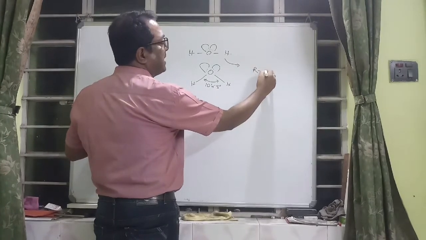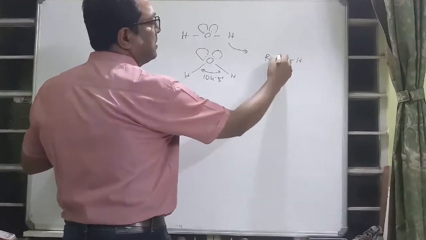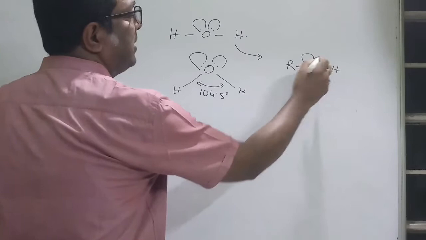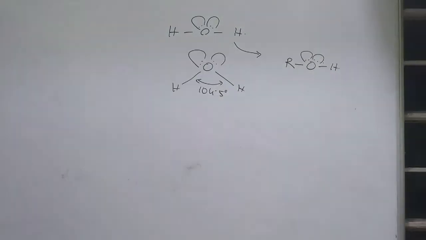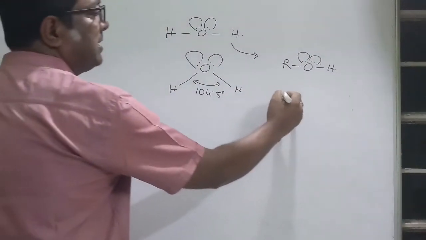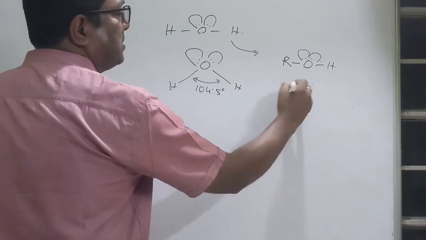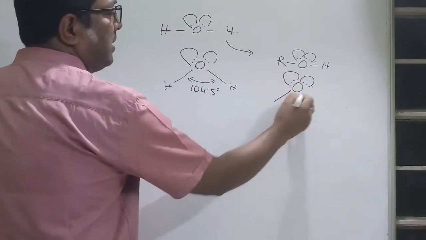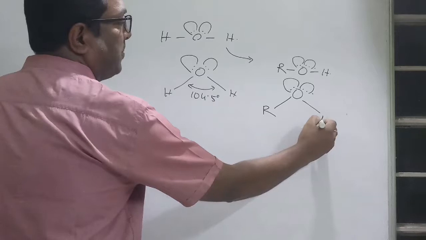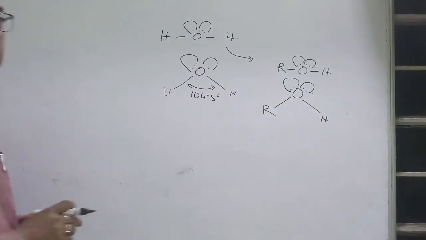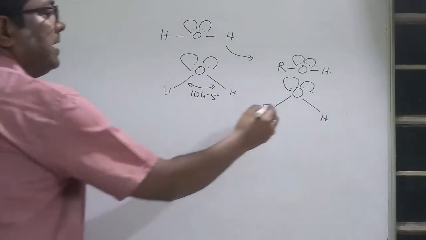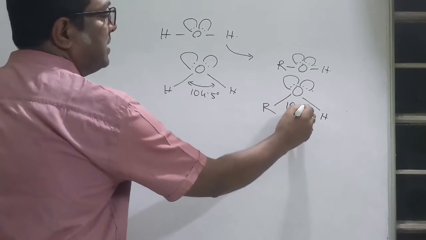I will say it as ROH. You will see the difference in how the angle comes up. The oxygen here makes a bent shape, similar to water, but it will be roughly around 109 degrees.